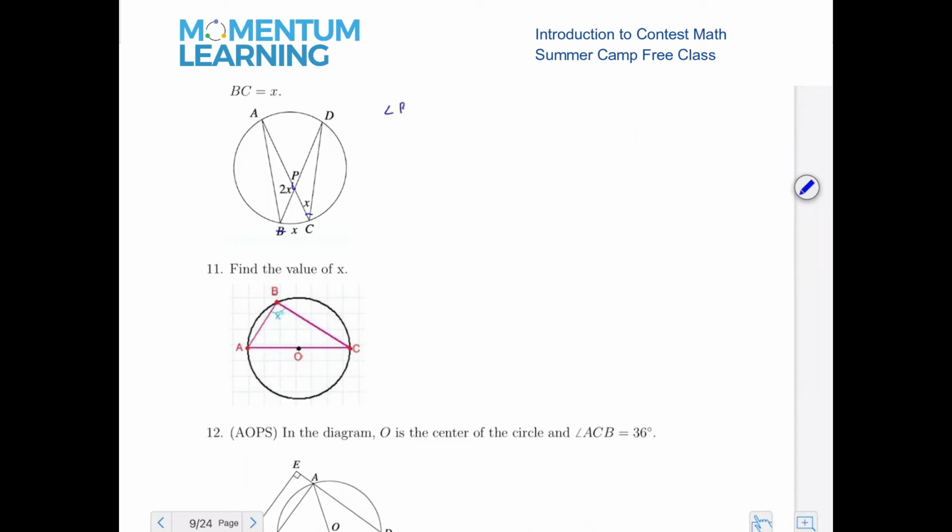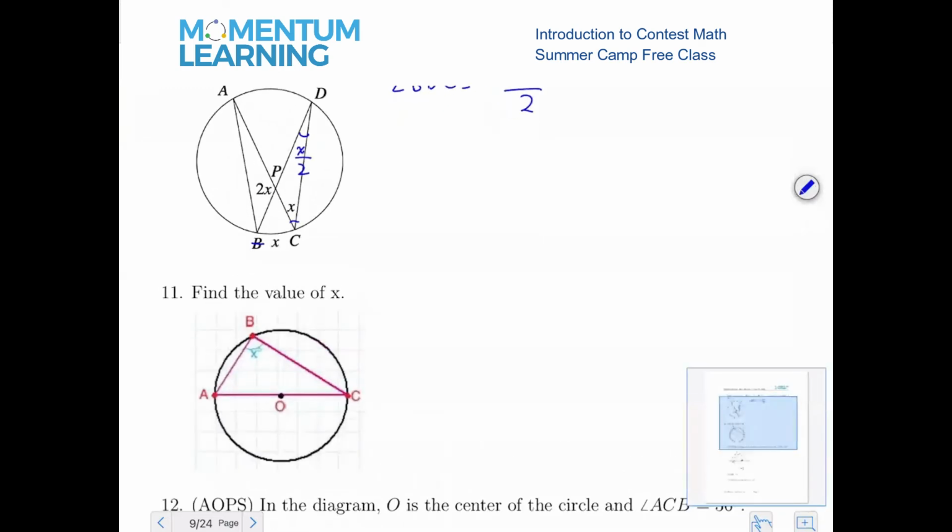So again, angle BDC is half of arc BC. So therefore, here is x over 2.